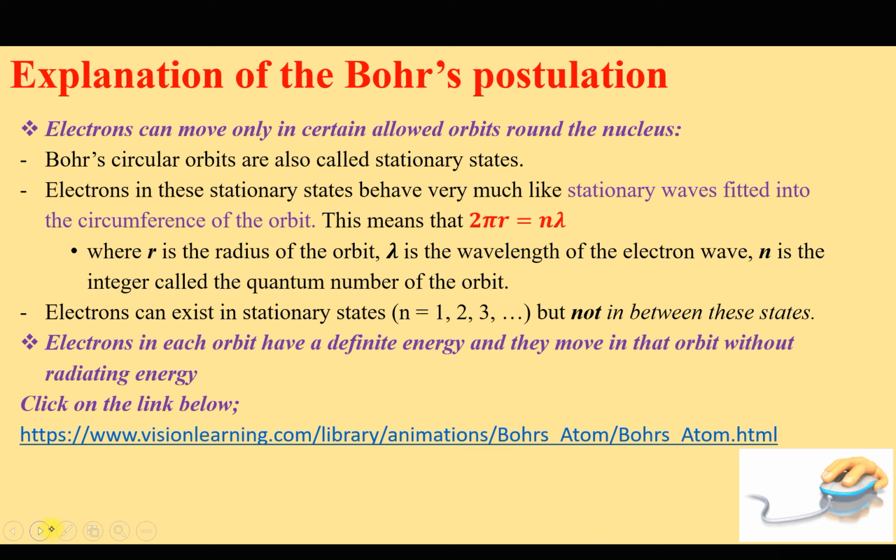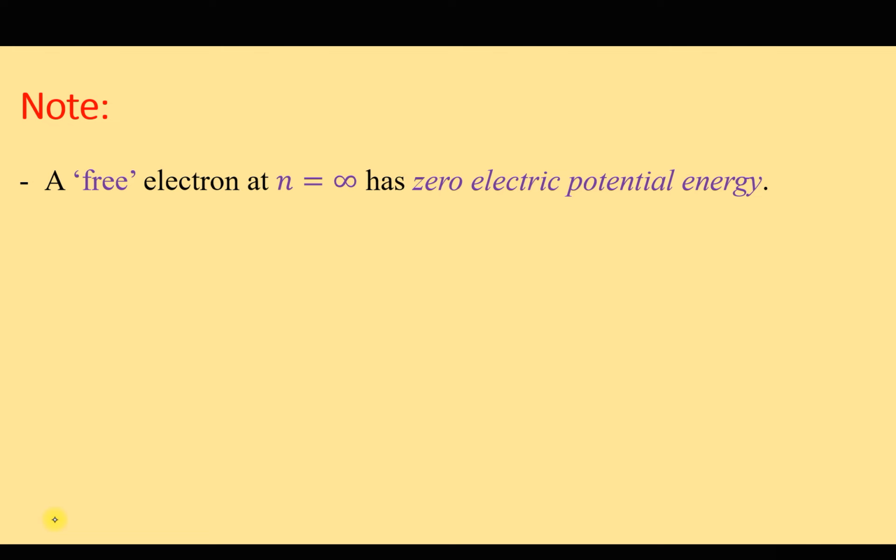Okay, so having seen Niels Bohr's postulate, we can now go to an understanding of this postulate in more detail. So I said a free electron is the one which has n equals infinity, and it has gained excess energy so that it is free to break from the attraction force between itself and the nucleus. So at infinity, we say it has zero electric potential energy.